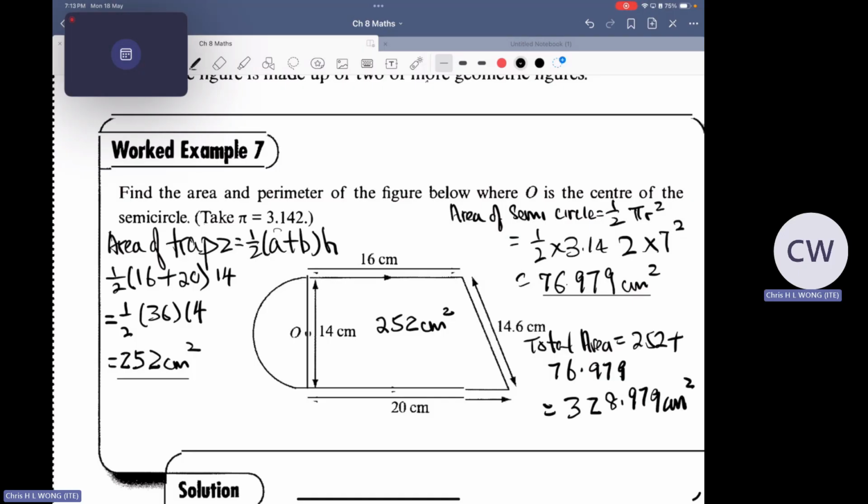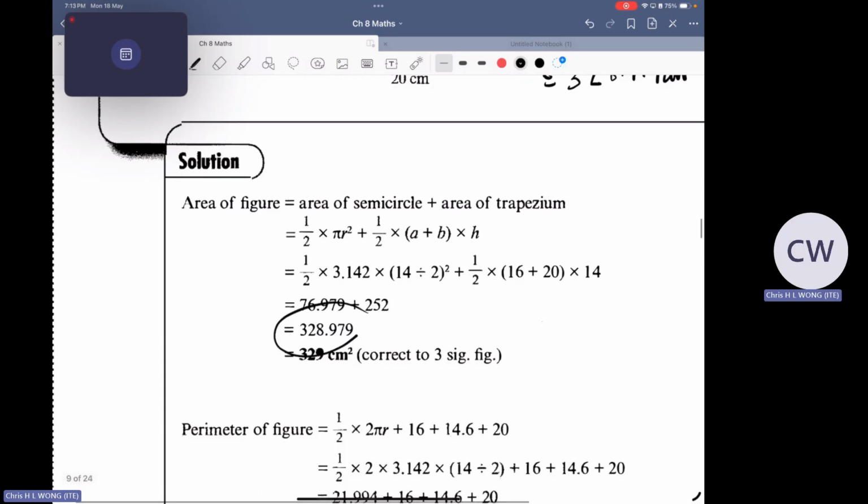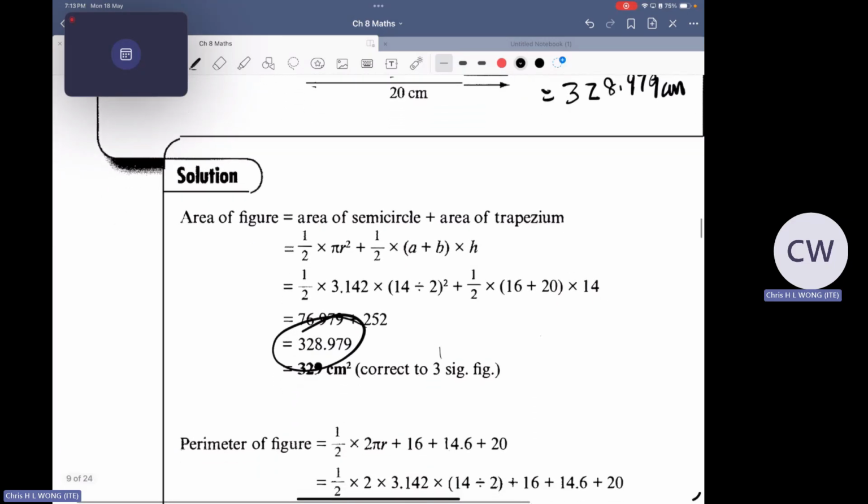Is that correct? Confirm, please. Correct? Yeah. 328. Okay? But they put the word correct to three significant figures, right?